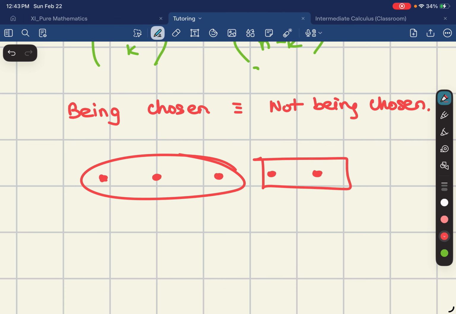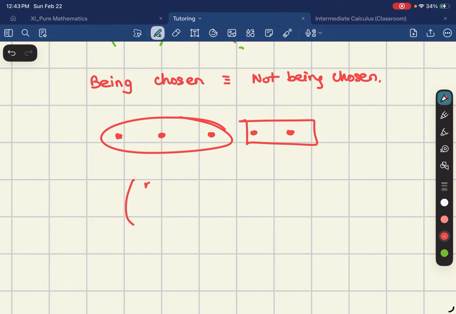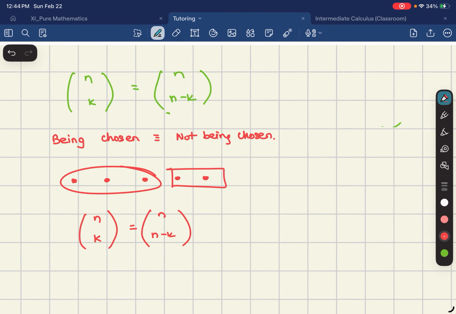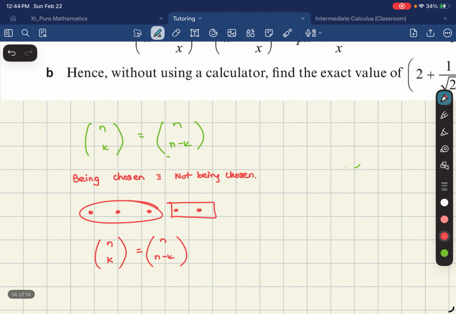So selecting 3 is the same as selecting 2. If I have n objects, selecting k of them is just the same thing as me selecting n minus k of them. So that is a formula that you may want to remember. N choose k is equal to n choose n minus k.